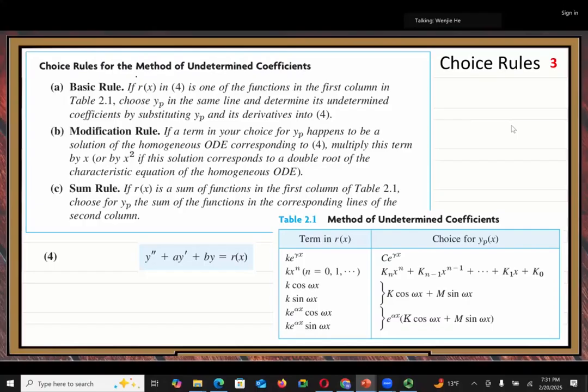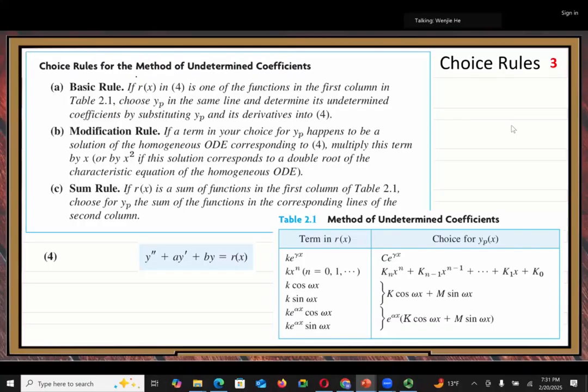That's easy, right? So the relatively hard one is the B rule, the modification rule. We need to modify, all right? So let us focus our understanding on the B rule.